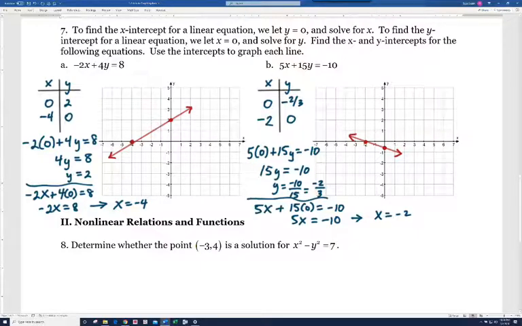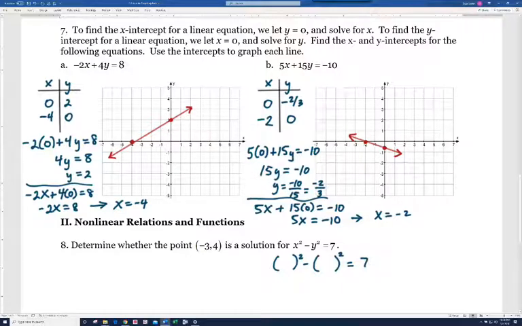All right, so here on number 2, it says nonlinear relations and functions. We need to determine if the point negative 3, 4 is a solution for x squared minus y squared equals 7. Again, I'm going to make a shell, and wherever you see a variable, I'm going to put parentheses, and then I'm going to plug in my values for x and for y.